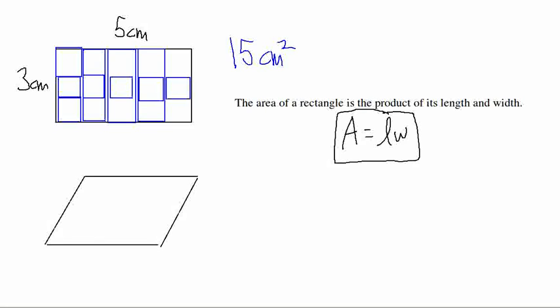Let's say that this parallelogram has a height h and the length of the bottom, the bottom side, is L. So let me represent the height by the letter H, and the length of the bottom by L. Notice that that parallelogram has the same exact area as a corresponding rectangle.